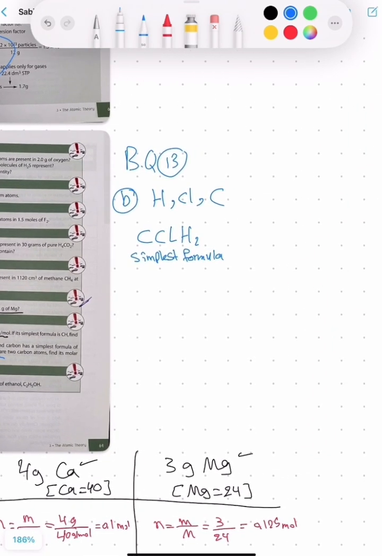It's easy. If we have 2 carbons here, we have 1, right? What about if we have 2? So you just multiply everything by 2. So it will be C2Cl2H4. But the question is saying I want the molar mass. The question should also give you the atomic masses of each one of them.